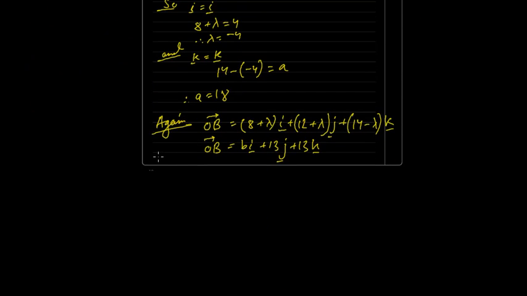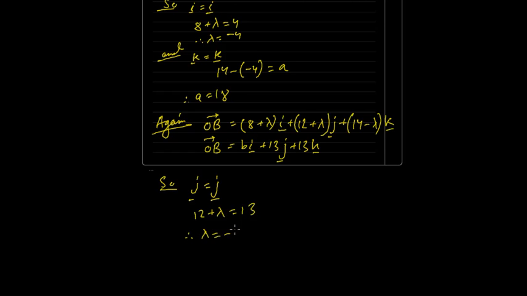Since point B also lies on that line, now I want to find the value of lambda for the point B. It will be a different lambda. Since this is what I want to find, I'm going to compare j now to find the value of lambda for the point B. So 12 plus lambda equals to 13.